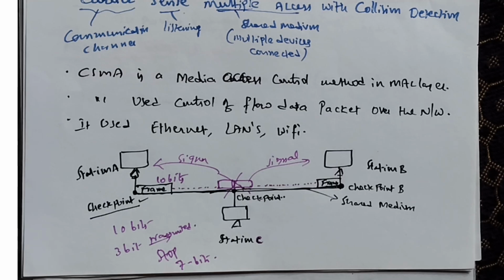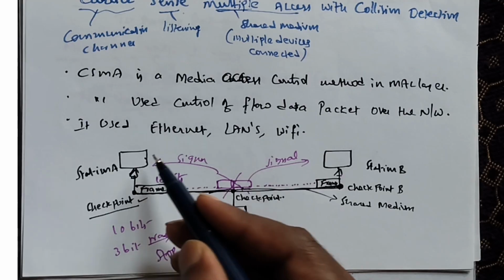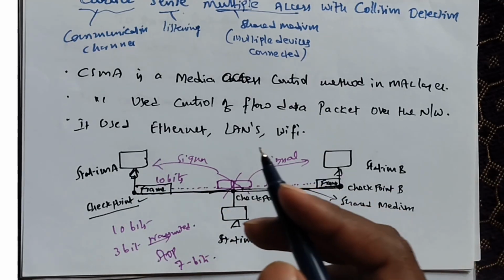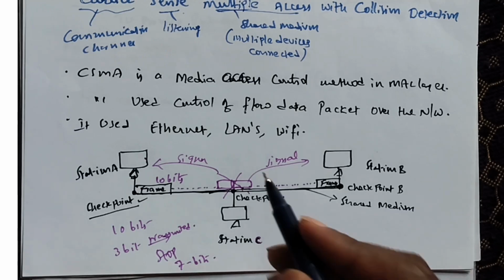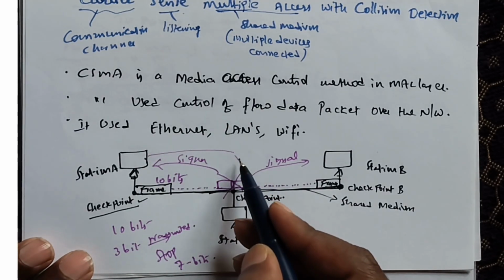After some random period of time, station A will retransmit the data once again to station B.